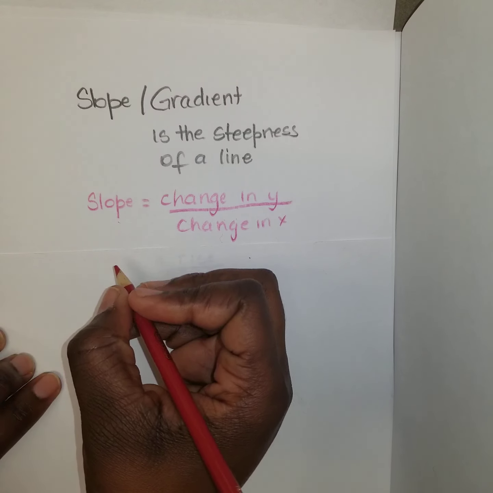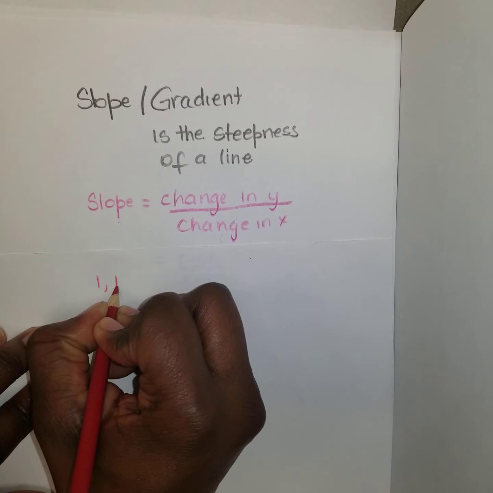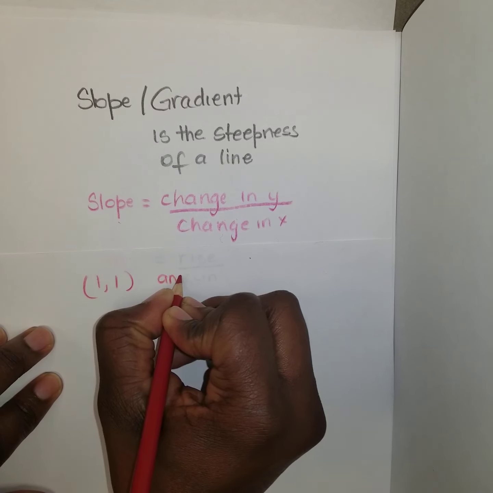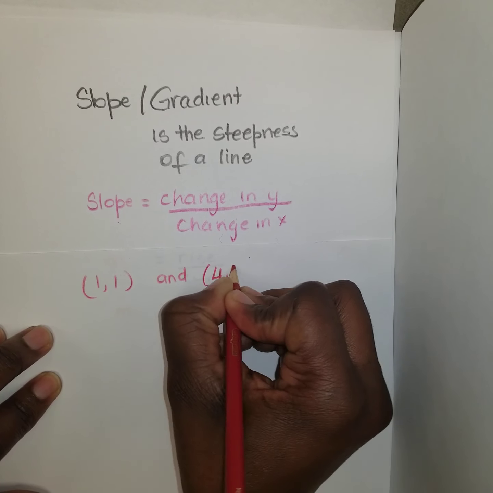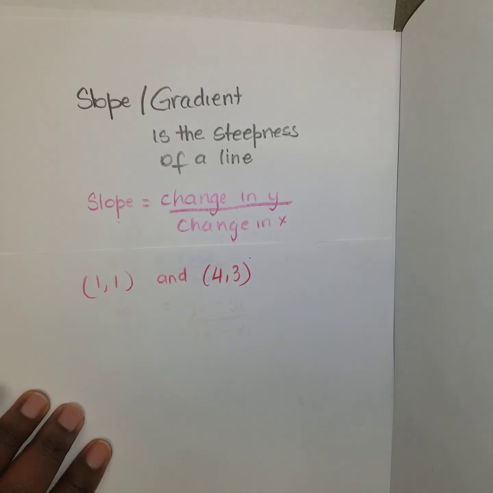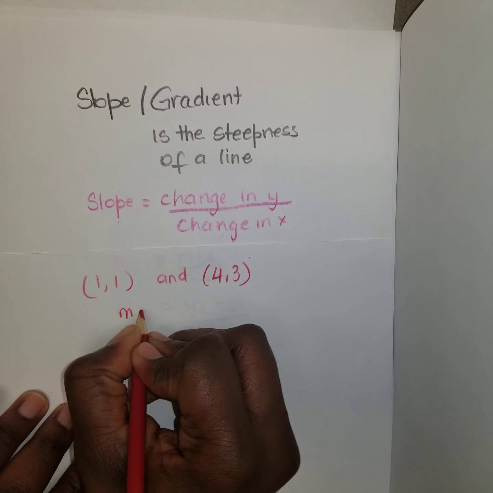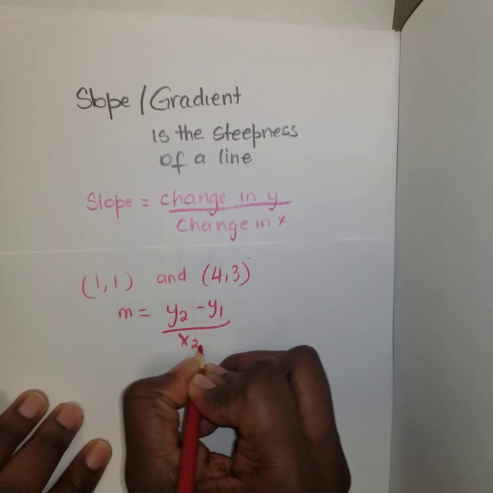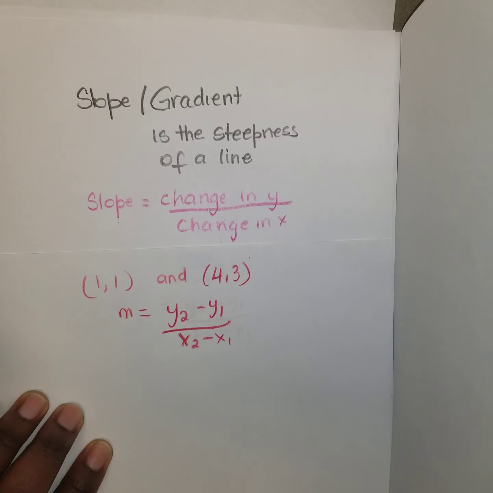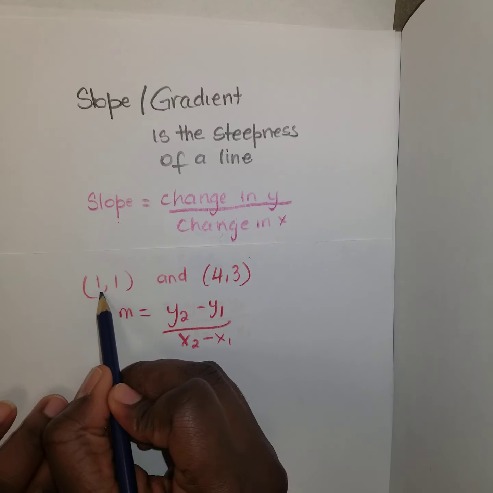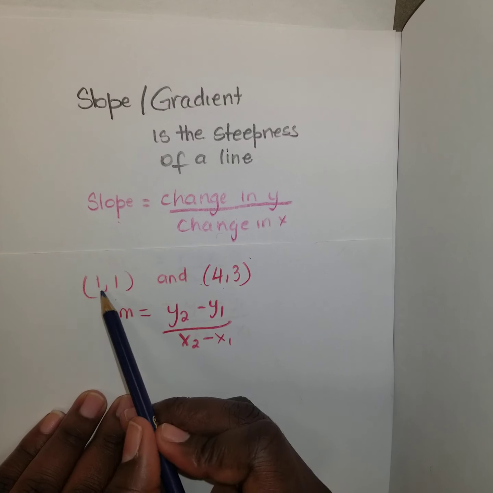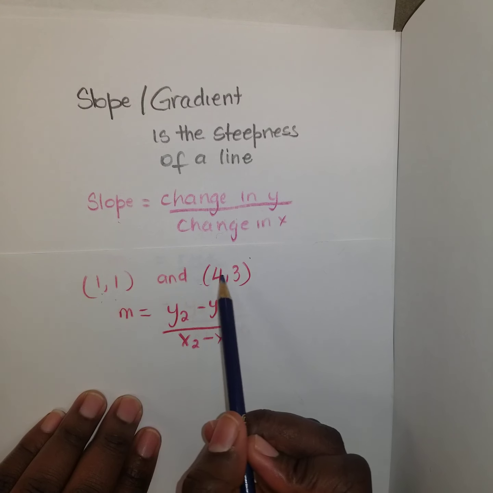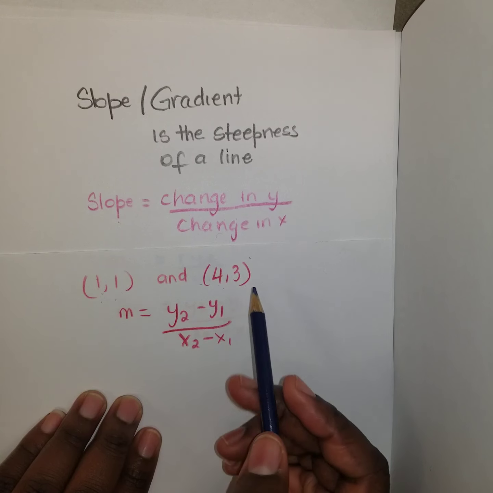All right, so the first question, point 1 and point 4, right? So using the formula, m is equal to y2 minus y1 all over x2 subtract x1. The goal is to identify, of the 2 points, which do you want to call x1 y1, which do you want to call x2 y2.